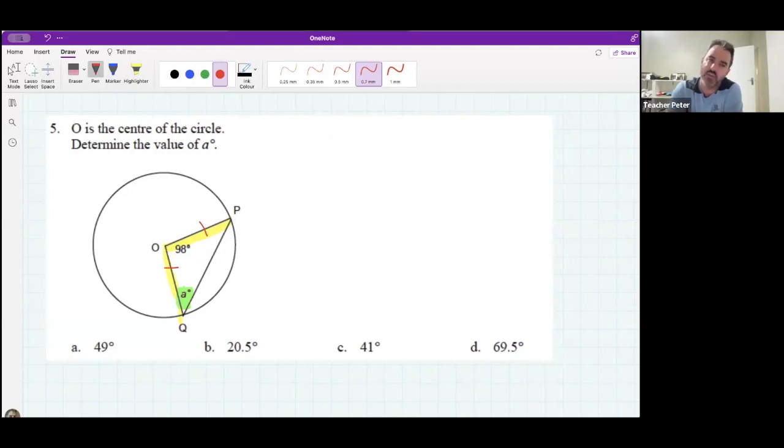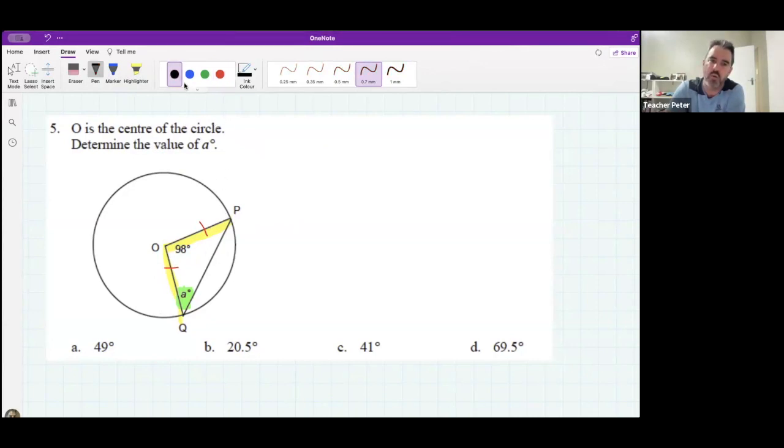This triangle is, in fact, an isosceles triangle. So you know something about isosceles triangles, or I think you may. If not, we're going to go over it now. And then also you know something about triangles.